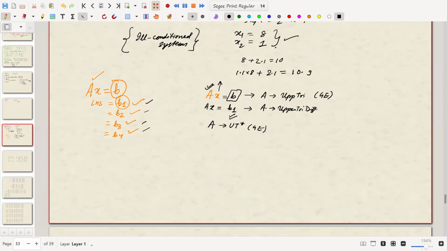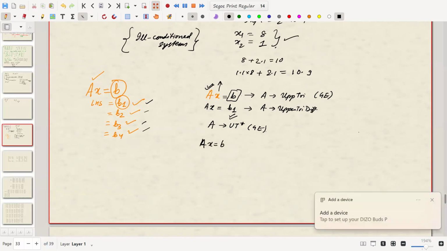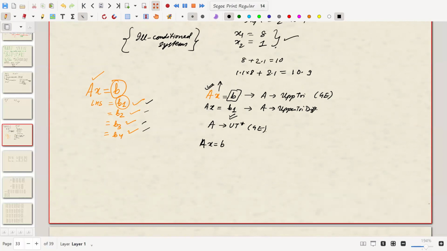Now, take the other case, the example of LU decomposition. Ax equals B, with A in terms of L and U, so LUx equals B. Now if the vector keeps changing, B1, B2, B3, and so on, do you think L and U will change?